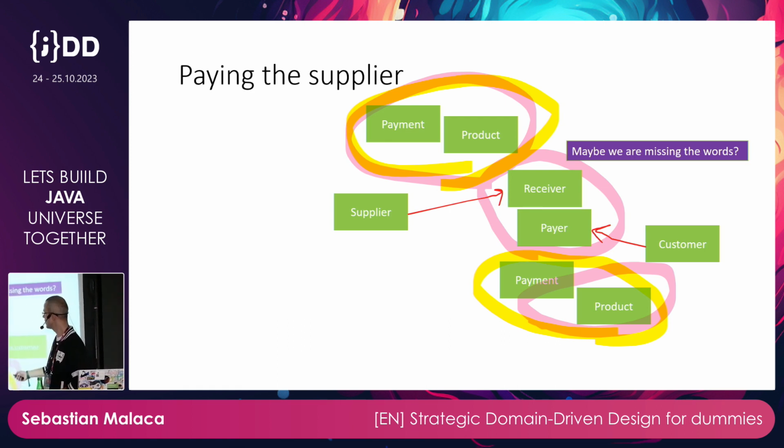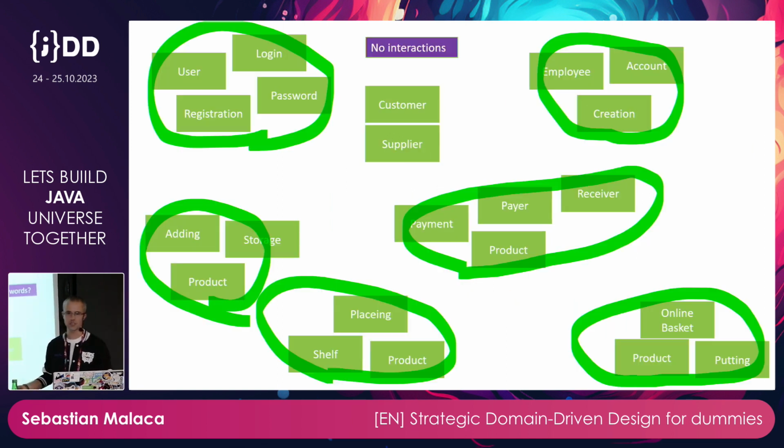Yeah, it makes sense. Sometimes when we are paying the supplier, the payer is the shop and the receiver is the supplier. Sometimes when the customer is a payer, the receiver is the shop. We found another context, other words, and those words are tricky because they popped up when we started to analyze other things that were already presented.